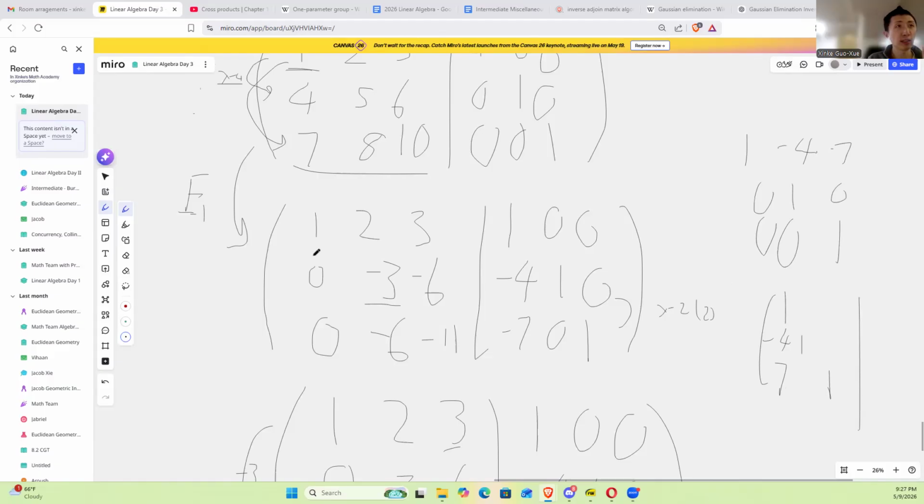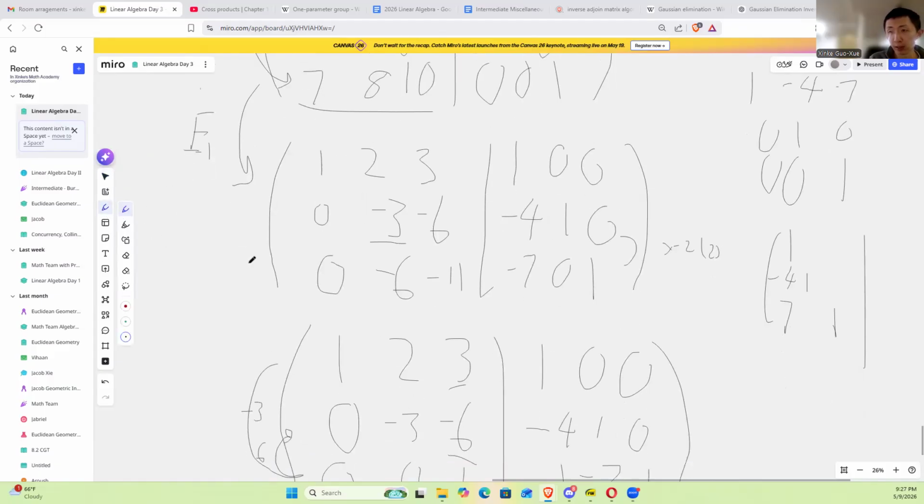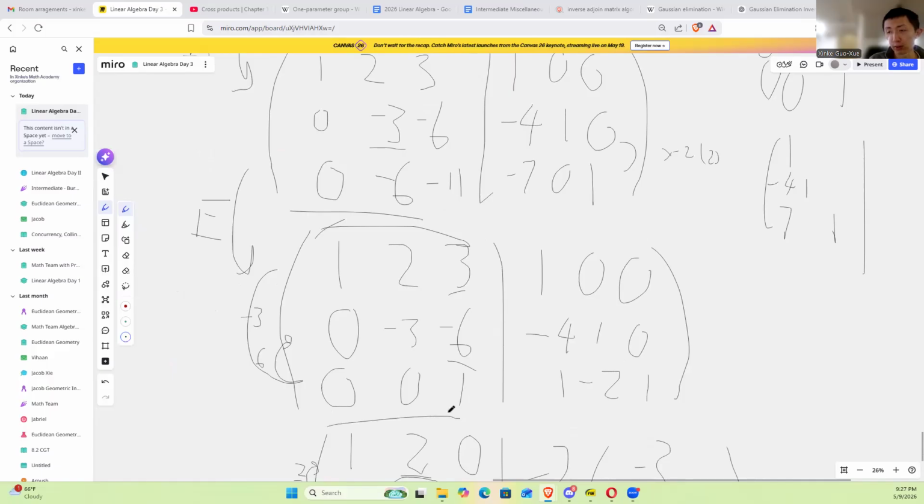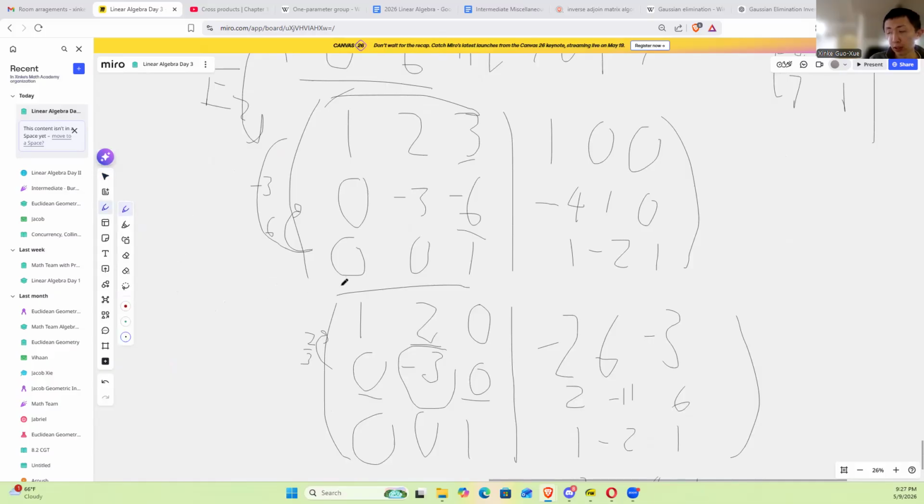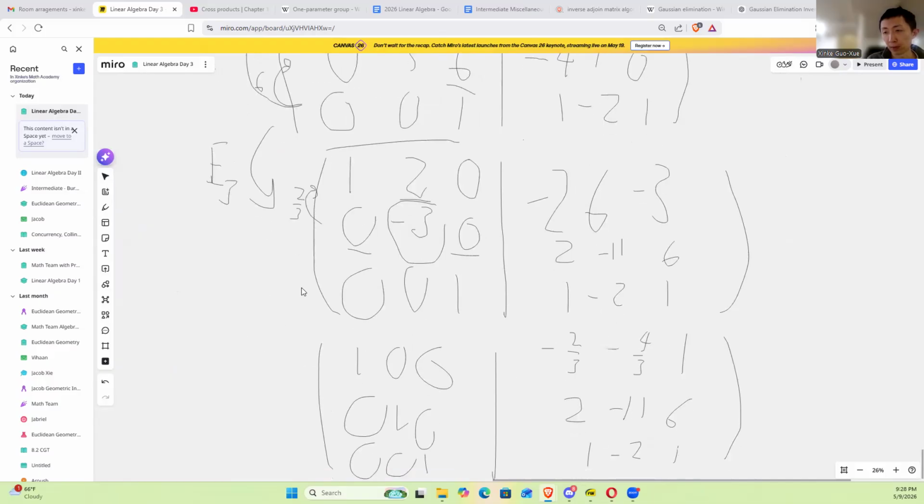But regardless, it can be represented as a linear transformation. Then we did a row operation to go from this matrix to this matrix, and let's say that's E2. Then we did whatever here, E3, and so on.